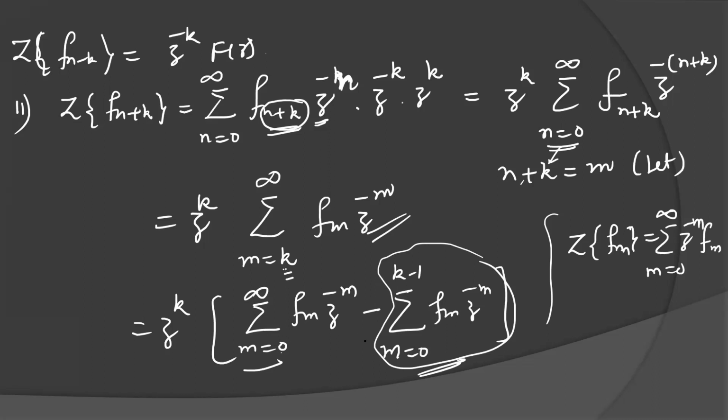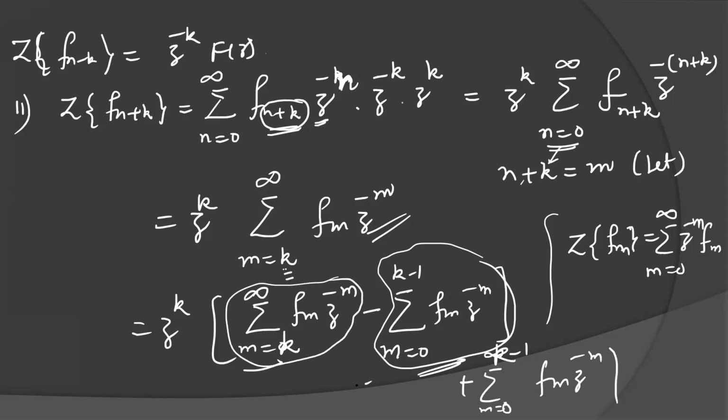If you want, I can expand in one more way. Write k here only, and add this term similarly, plus sigma m equal to 0 to k minus 1, f(m) z to the power minus m. We have added and subtracted this term. Now merge these two terms, k to infinity and 0 to k minus 1.